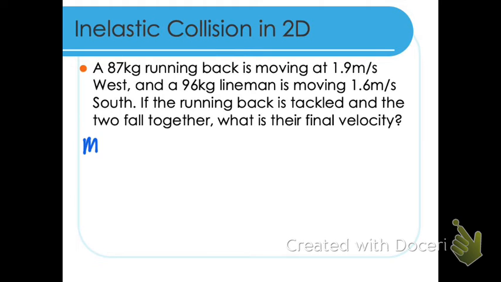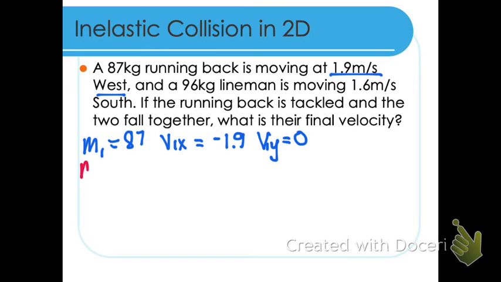Okay, so m1 is equal to 87. v1x, what is it? -1.9. Good, very good. It has to be negative 1.9 because it's moving west. v1y is 0 because it's not moving in the vertical direction.